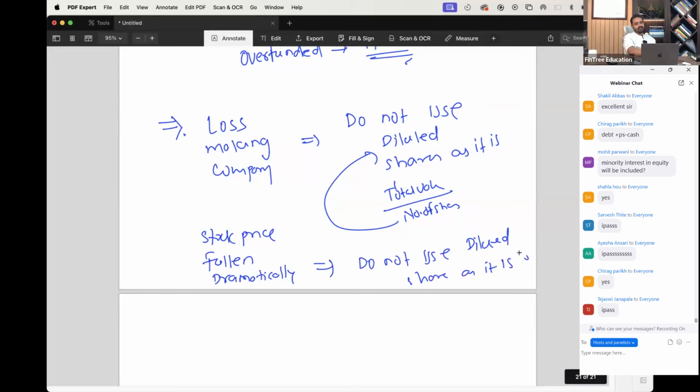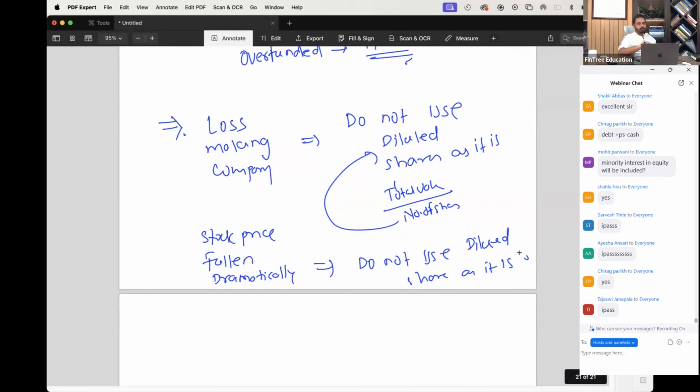Because we just saw in case of RSU that if the stock price falls, suddenly these become anti-dilutive. But if you feel that this stock price fall is temporary, I told you that Meta shares fell by 71% in 1 year, right? So their diluted number of shares will reduce because a lot of securities will become anti-dilutive. But next year when the stock price hopefully goes up, suddenly the number of shares will increase.